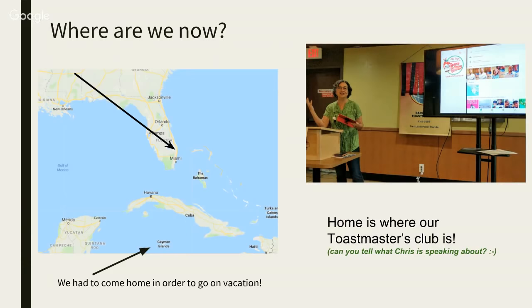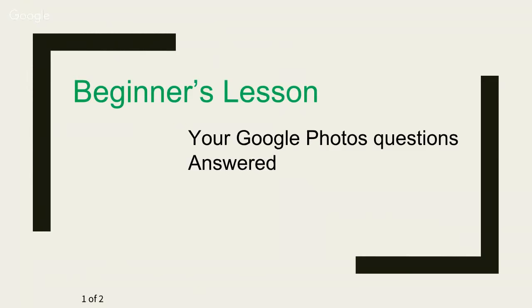All right. When we're home, one of our favorite things to do is go to our Toastmasters club. So that's a picture of me at Toastmasters. Can you tell what I'm speaking about? Hard to believe. I teach everybody I run into about Google Photos.